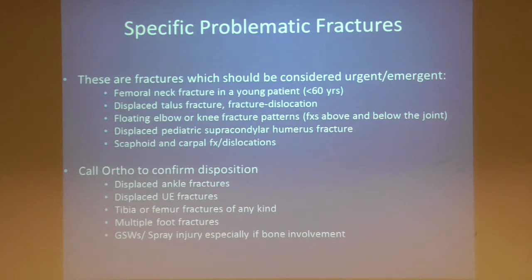Pediatric supracondylar humerus fractures, that's less commonly seen in this hospital for a similar reason to why my football player was sent from here in the first place. And scaphoid and carpal fracture dislocations, sometimes those could be a little more subtle, and if there's any question, those should get a CT scan, so that they get prompt treatment, I should say.